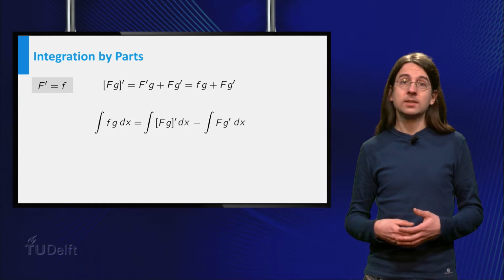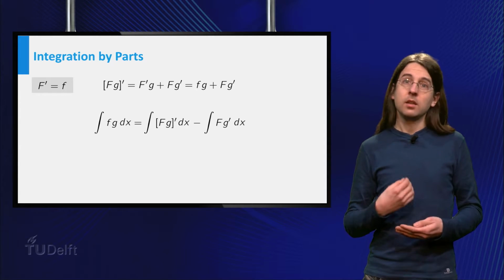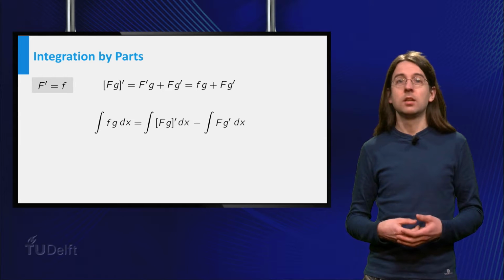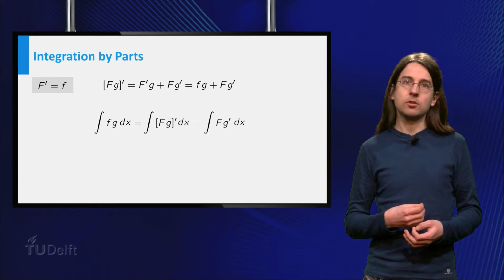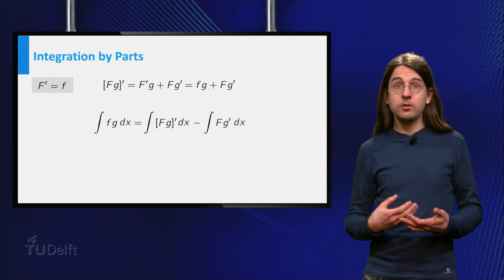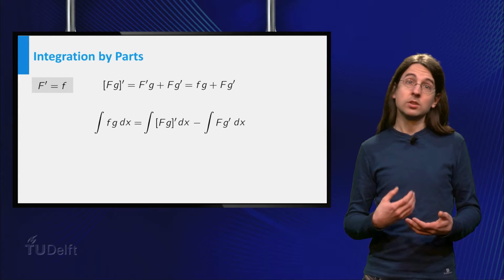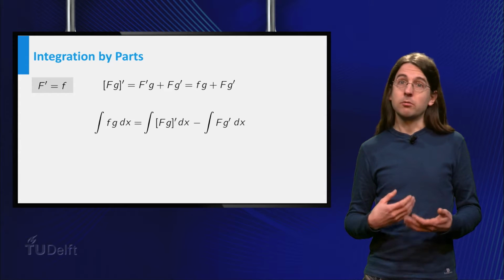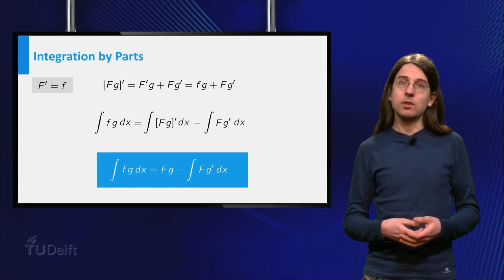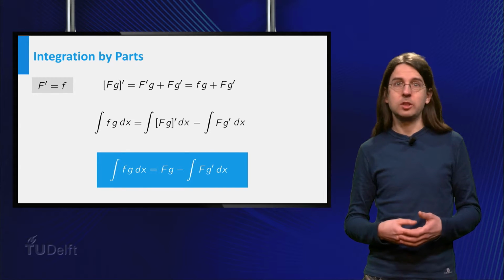Integrating both sides gives that the integral of little f times g equals the integral of the derivative of capital F times g minus the integral of capital F times g prime. An antiderivative of the derivative of capital F times g equals capital F times g, so we obtain that the integral of little f times g equals capital F times g minus the integral of capital F times g prime.